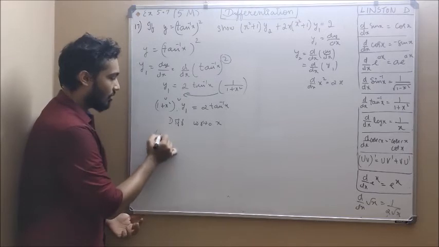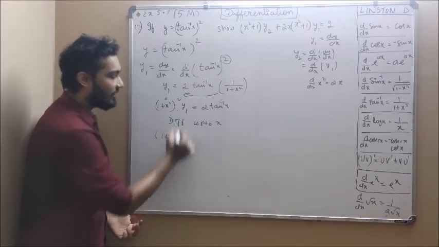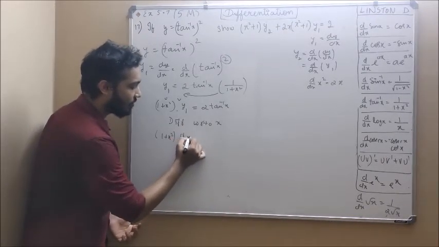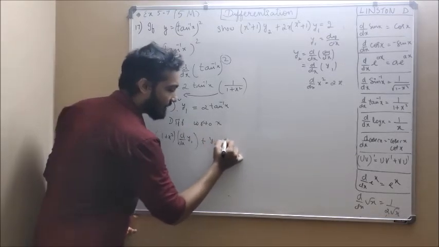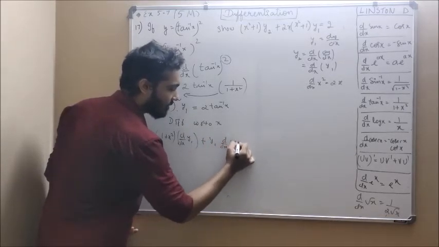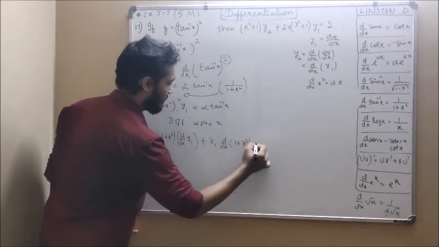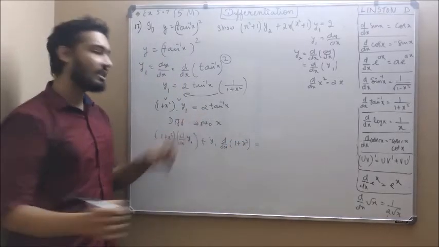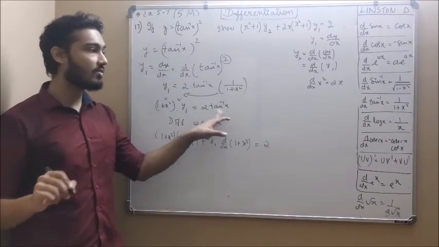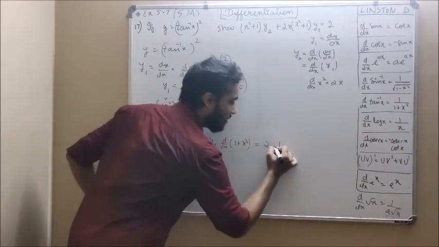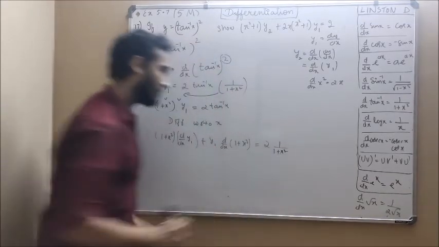So it is (1 plus x square) into differentiation of this, d by dx of y1, plus y1 into differentiation of second function 1 plus x square, equal to, now differentiate the left side. So 2 into, you have to differentiate tan inverse x. What is differentiation of tan inverse x? 1 by 1 plus x square.